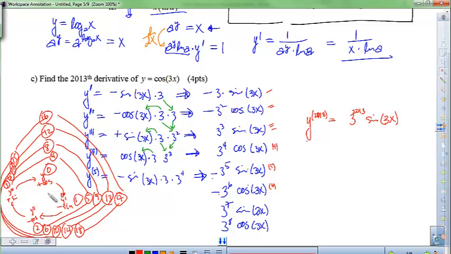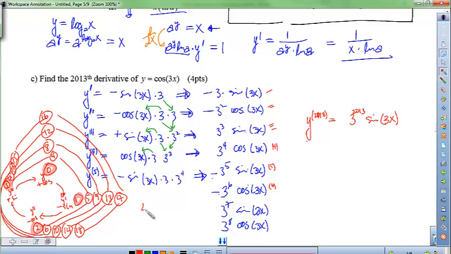So the other way to do this more mathematically is to notice that if you take any of these numbers, 5, 9, 13, or 17, and divide it by 4, the remainder is going to be 1. If you do the same thing with 10 or 14 or 18, you divide by 4, the remainder is going to be 2. Or if you took 7 and 11 and 15, you divide by 4, the remainder is going to be 3. So these numbers here turned out to just be remainders.